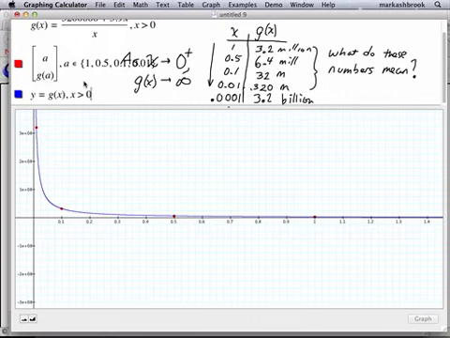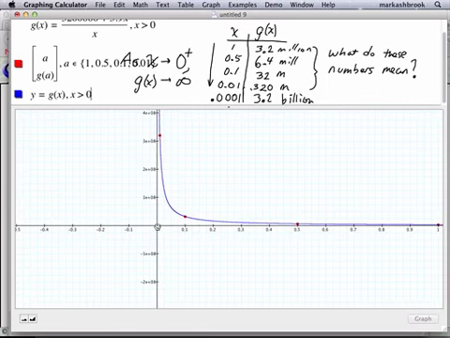Chuck Norris can divide by 0, but we can't. Okay? So this is what this graph is doing. As we get closer and closer to 0, that average cost is skyrocketing to infinity, and that's then what our graph looks like. So how does this relate to rational functions?